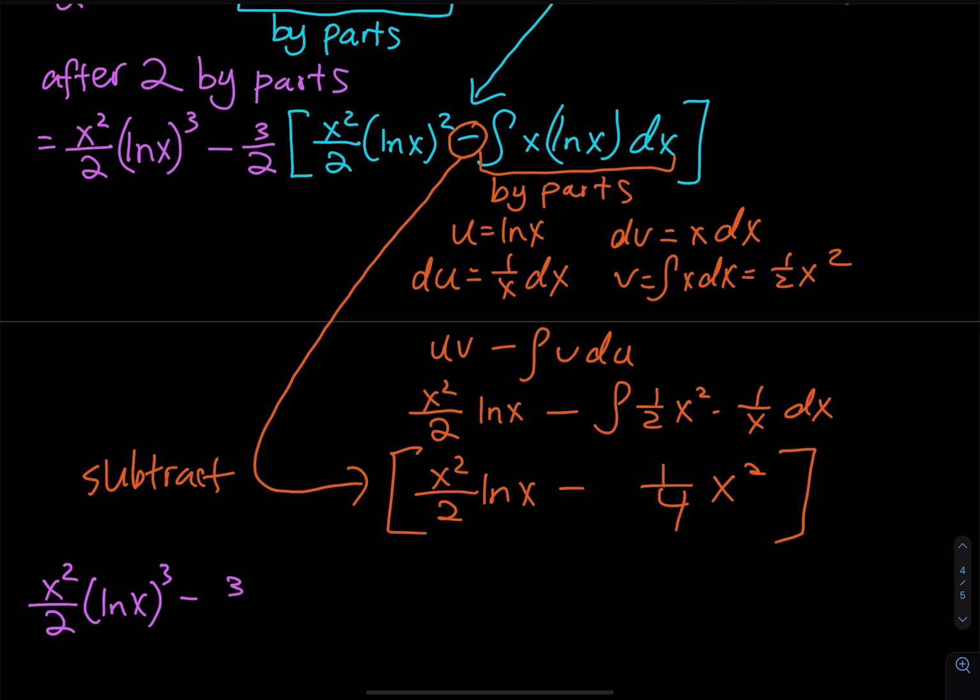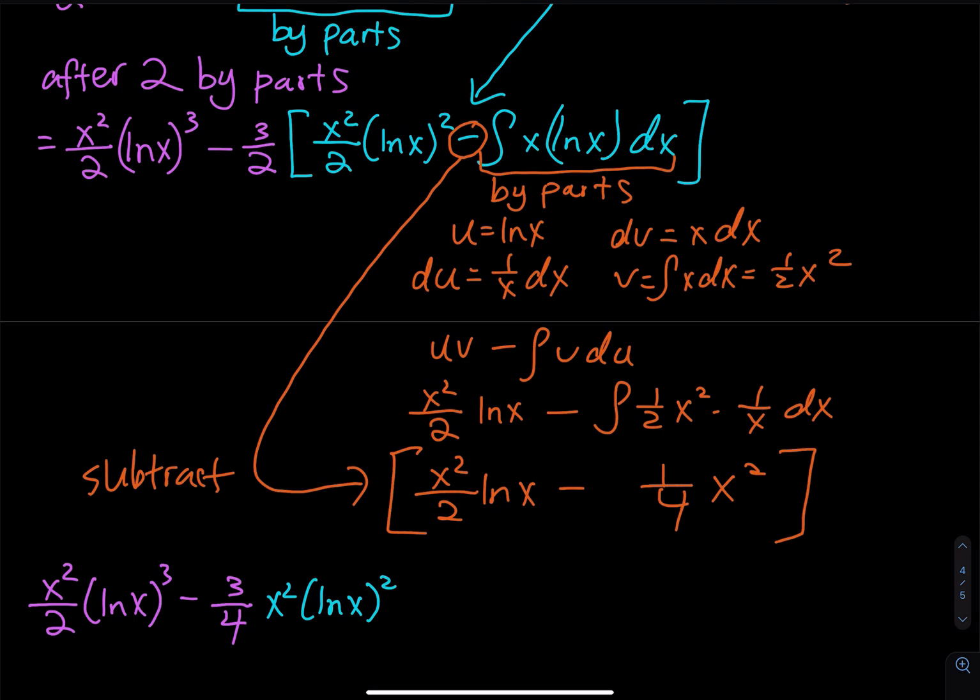Then that gives you 3 over 4, and then x squared, and then ln x squared, and then you will have to take a 3 over 2 minus 3 over 2. You put that right over here.